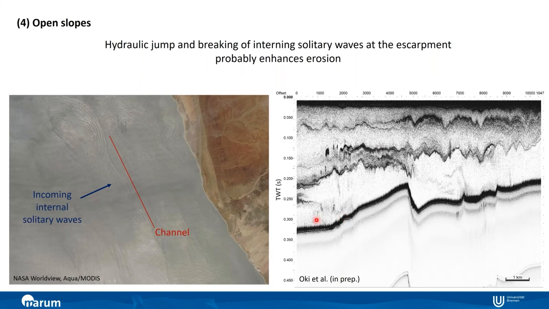And above the channel, we have some jumps on the reflectors that seem to indicate that maybe there is here a hydraulic jump and that internal waves might be breaking at this escarpment.